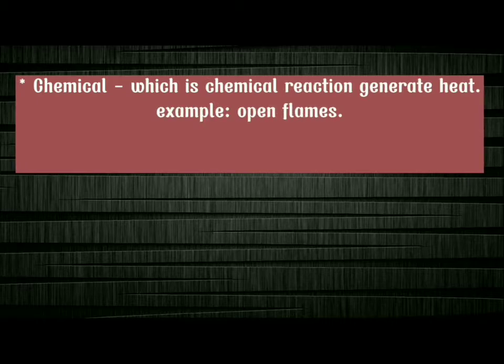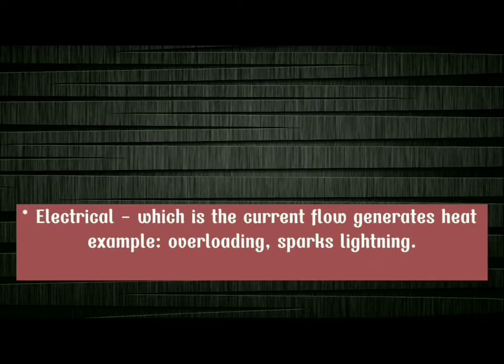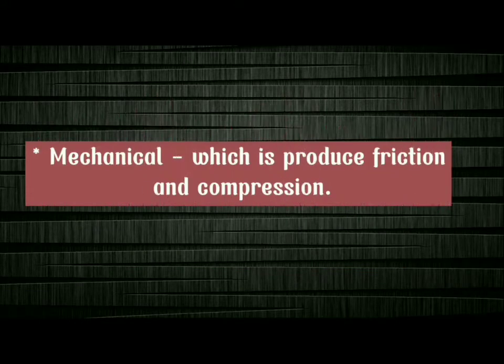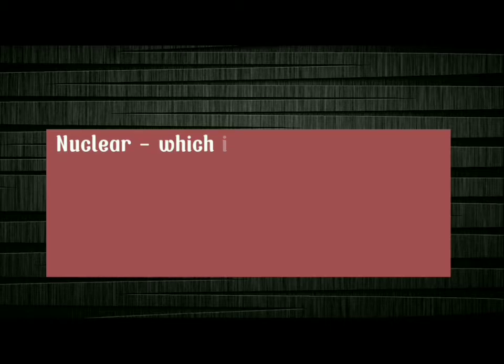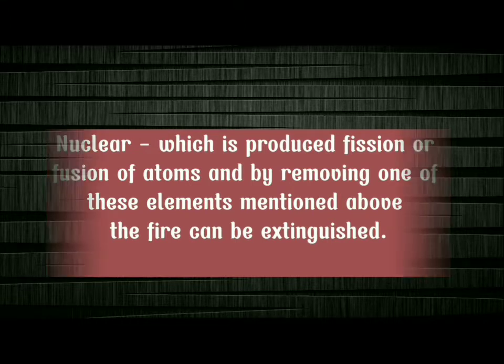Chemical means a chemical reaction generates heat, for example open flames. Electrical means current flow generates heat, for example overloading, sparks, and lightning. Mechanical produces friction and compression. And nuclear produces fission or fusion of atoms. By removing one of these elements, the fire can be extinguished.